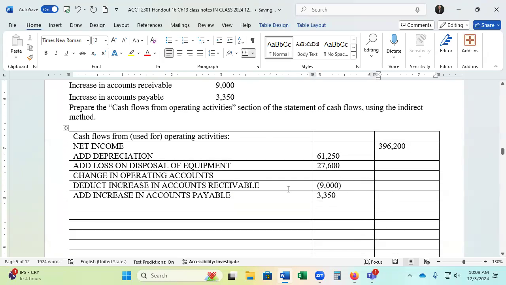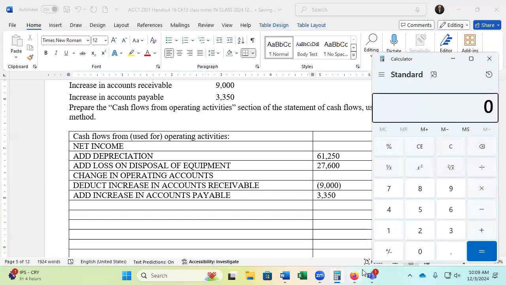And so we total up these additions and changes. So we have 61,250 plus 27,600 minus 9,000. I did that wrong. 900 minus 9,000 plus 3,350.